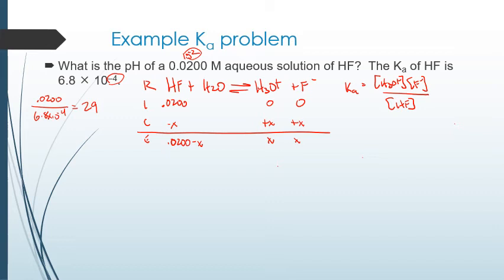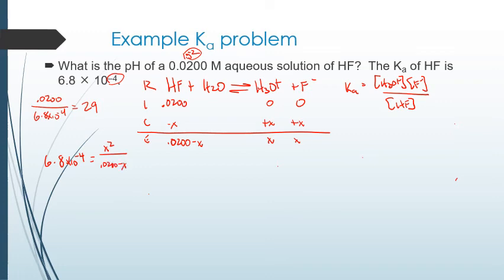So as I set up my problem here, I have my Ka, and I'm going to do this down here: 6.8 times 10 to the negative 4th equals x squared over 0.0200 minus x.